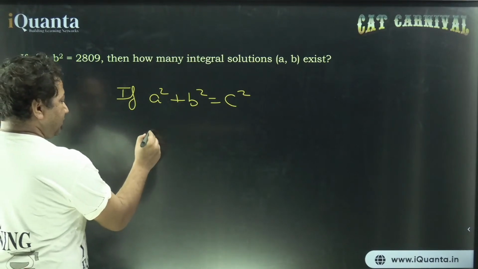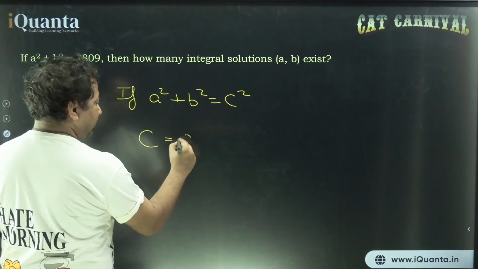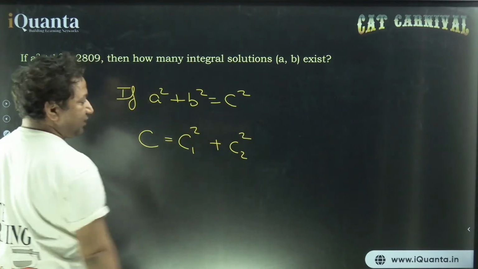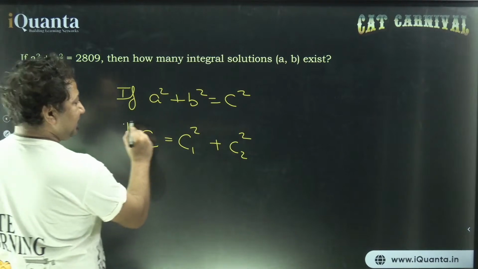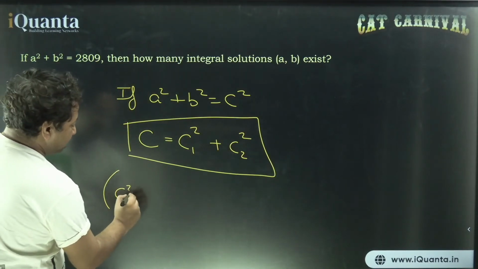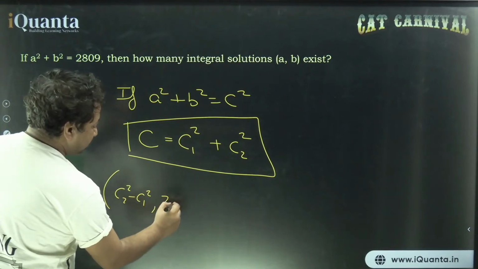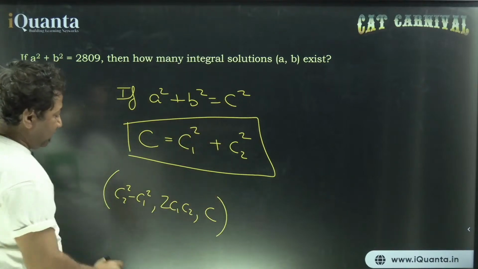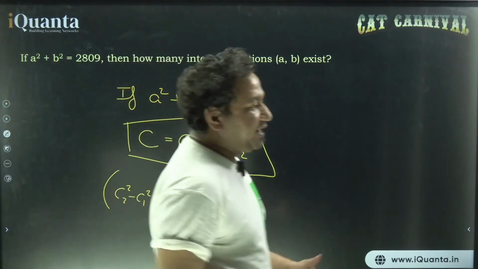Here C को तुम ब्रेक कर दोगे स्क्वायर ऑफ 2 natural numbers. If you can break it like this, then the triplet will be C2 square minus C1 square, 2 times C1 C2, और C तो है ही है, C is the hypotenuse. This is the next triplet.